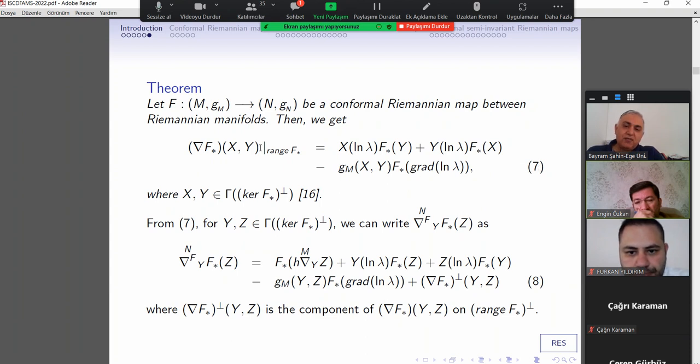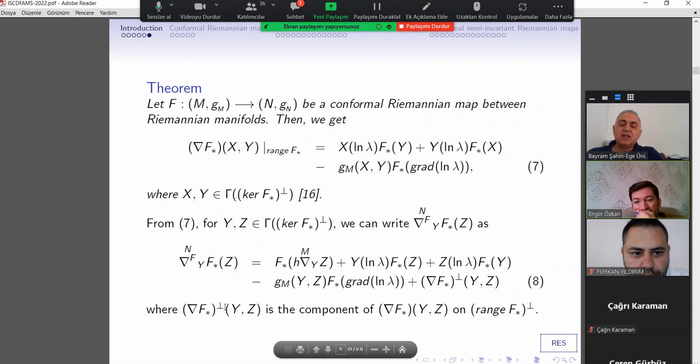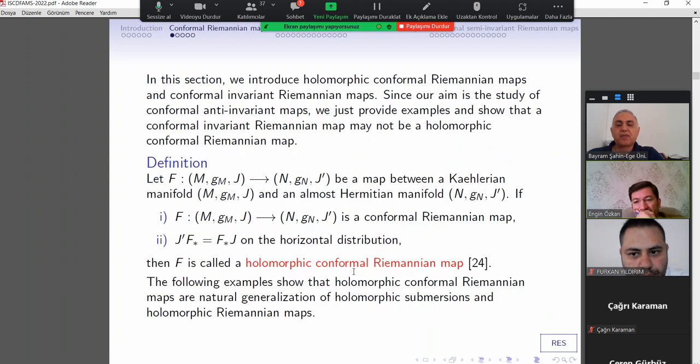You see, for the restriction on the range of F star, we have this one. So you can use this one to define a more general formula by using this and the general formula for the pullback connection. Here, like we did in the submanifold case, we put the perpendicular symbol to denote the perpendicular part of this second fundamental form.